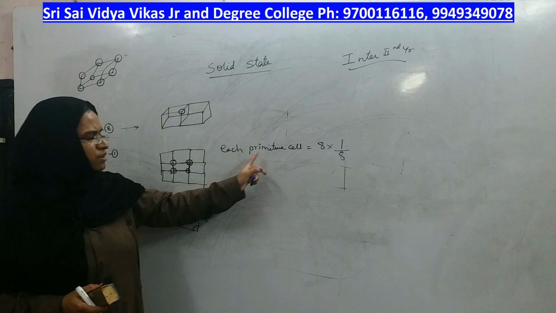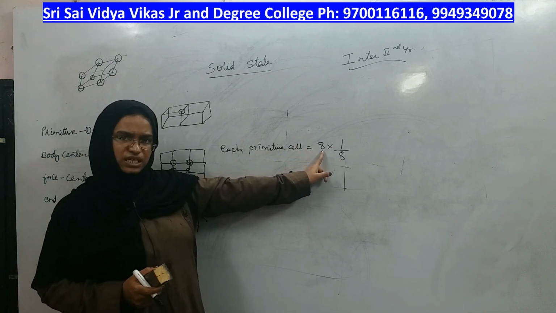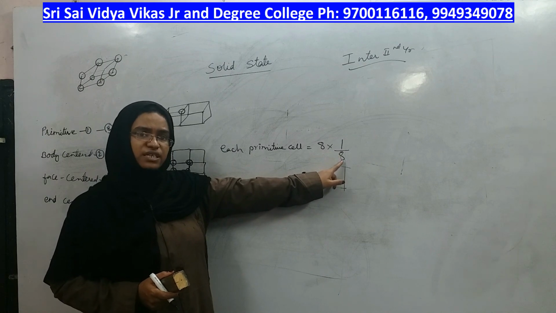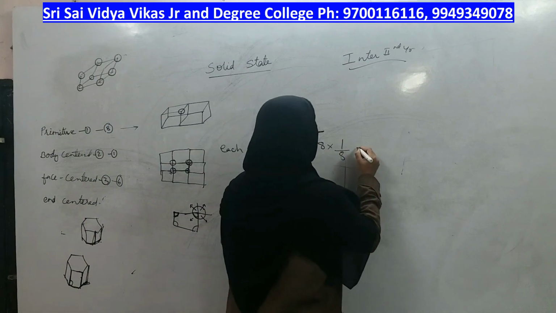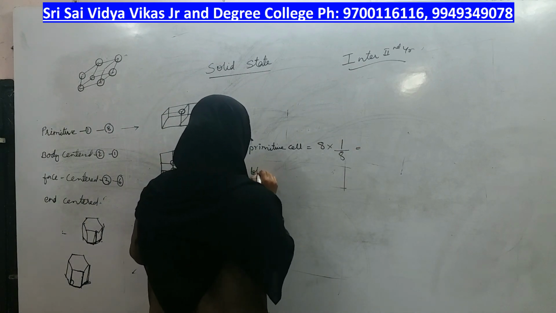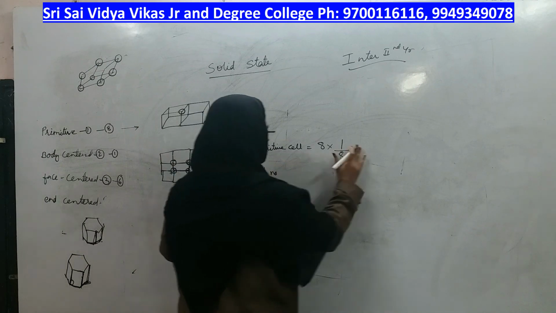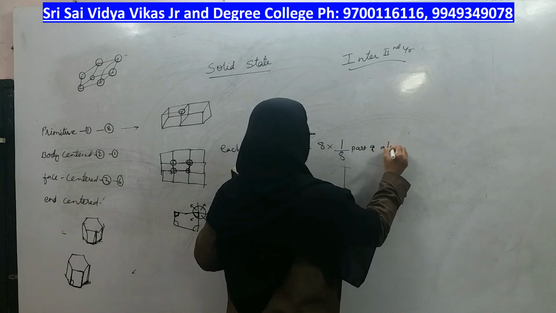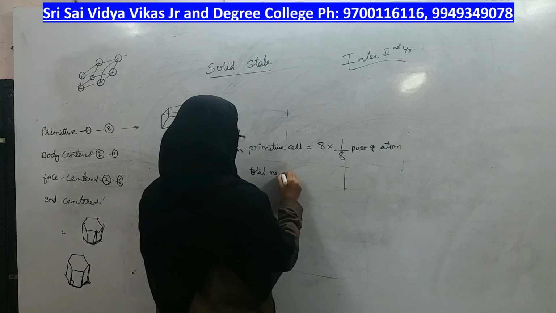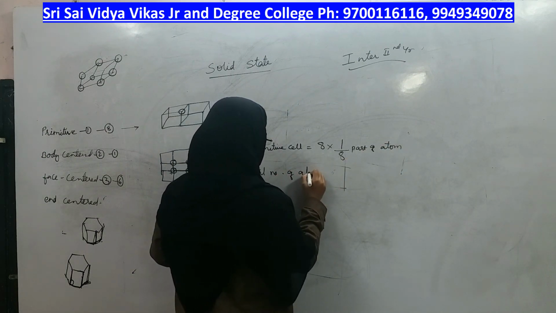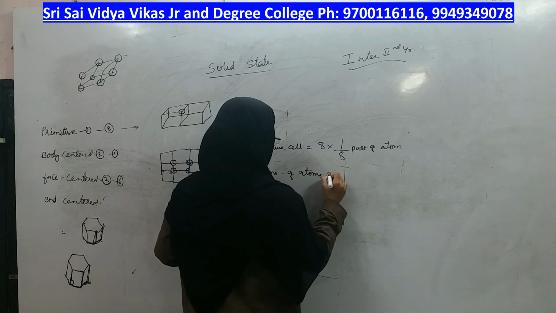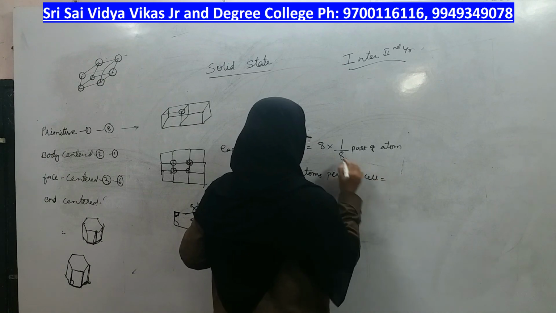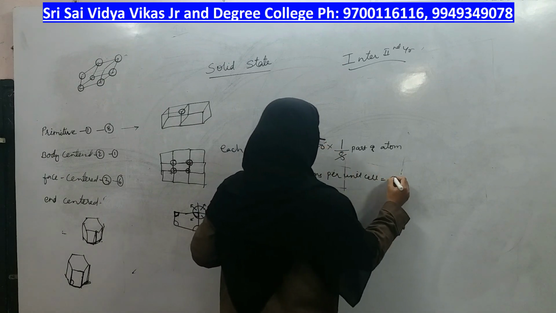Therefore, each primitive cell, though it has 8 atoms or 8 corners, each corner has got only 1/8 part. Therefore, the total number of atoms per unit cell is 1 atom.